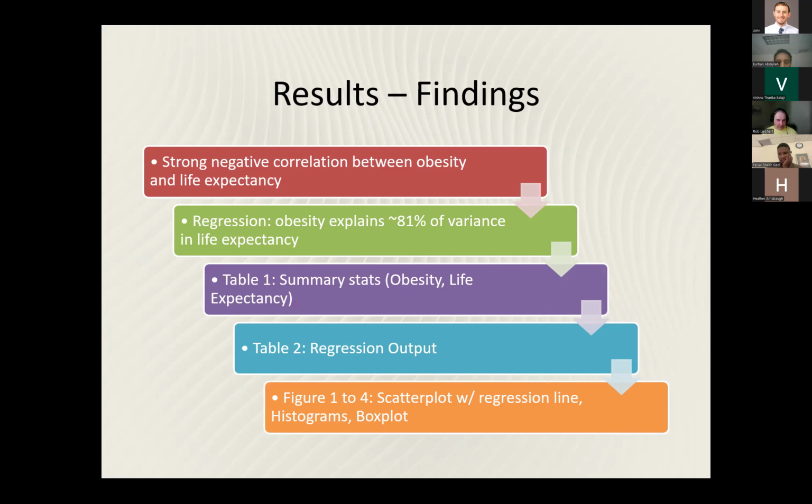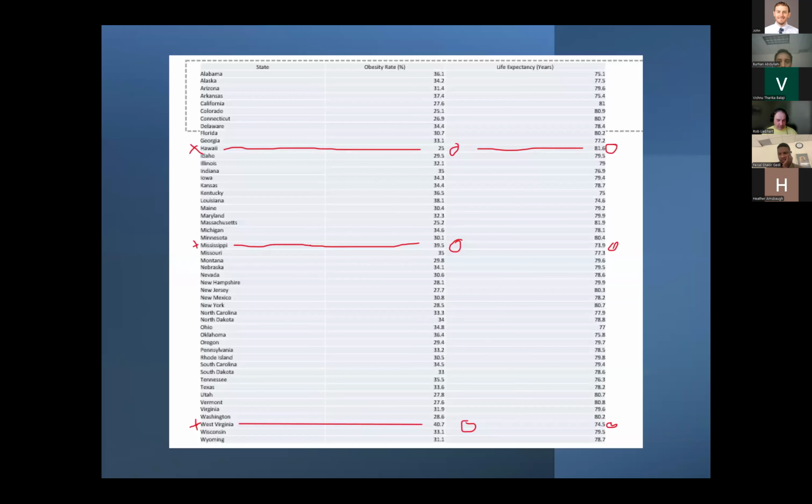For example, states like Mississippi had a higher obesity rate and short life expectancy. If we can go back to our data table, you can see I used the red lines to show Mississippi right here. It has a higher obesity rate and a lower life expectancy.